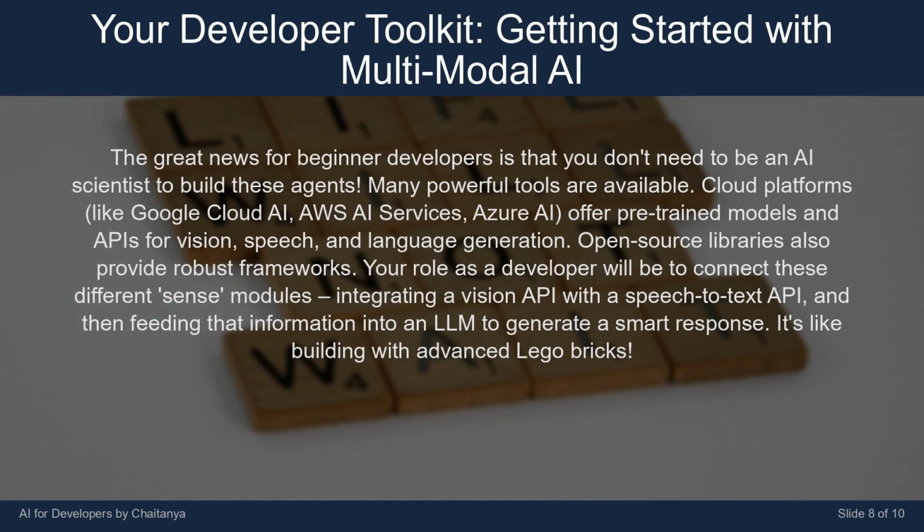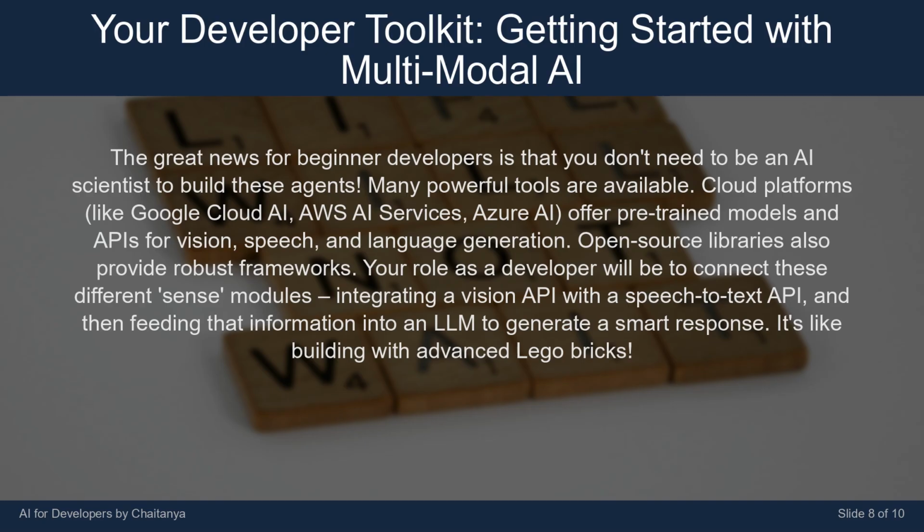The great news for beginner developers is that you don't need to be an AI scientist to build these agents. Many powerful tools are available. Cloud platforms, like Google Cloud AI, AWS services, and Azure AI, offer pre-trained models and APIs for vision, speech, and language generation.